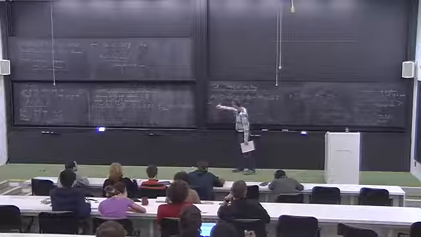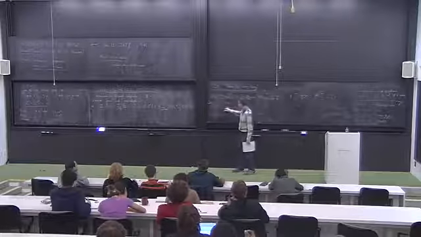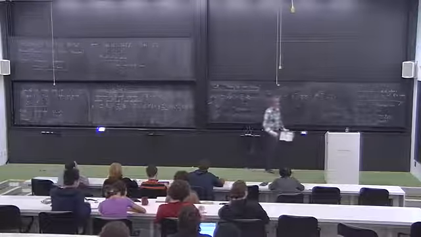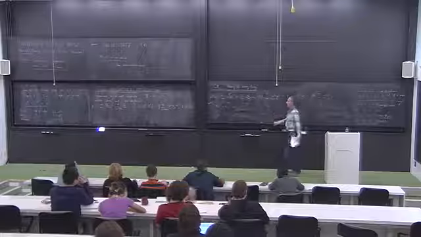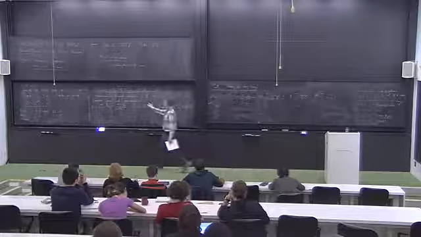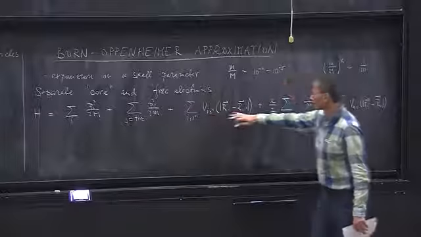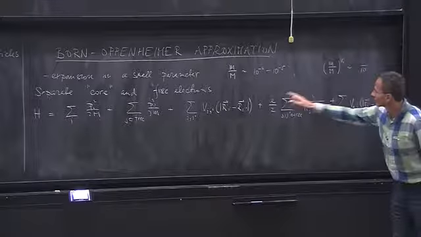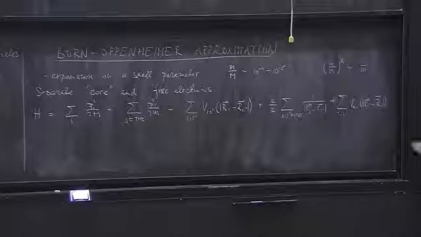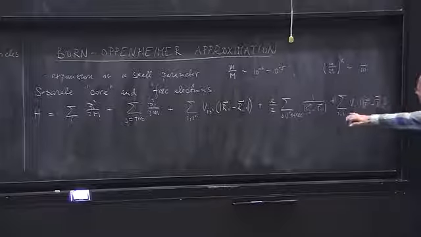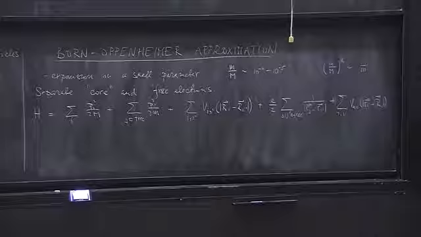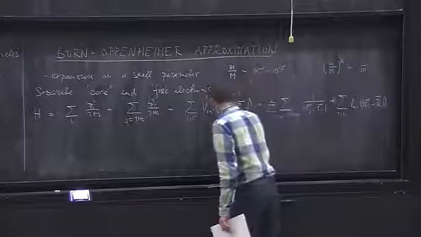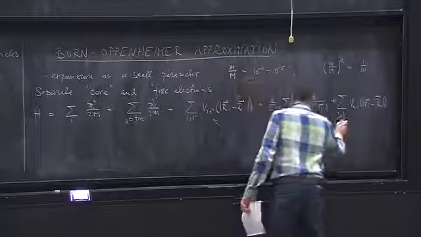They have wave functions that extend over a length scale comparable to the inter-ionic distance, and therefore the Coulomb potential is somewhat modified, and that's recognized by me writing some ionic potential here. Electrons still interact via straight Coulomb, but electrons with ions interact with some potential that has been slightly screened by these core electrons. So let me just write that.